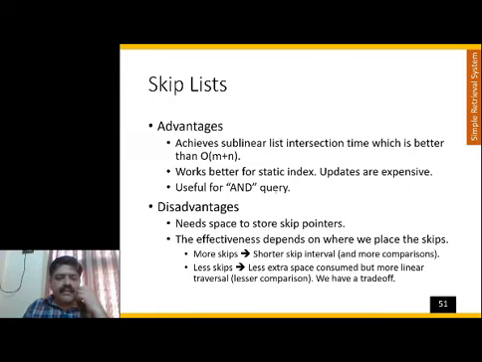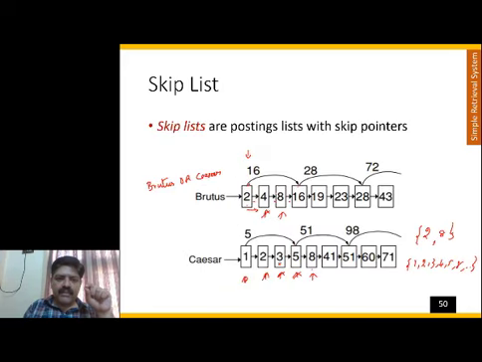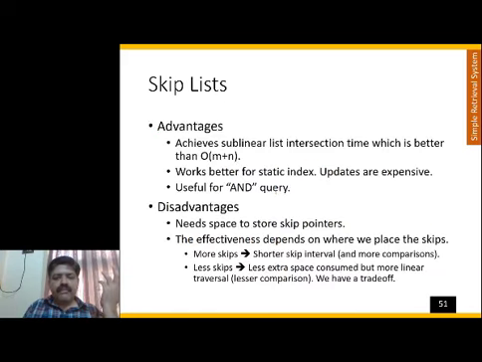Are there disadvantages? Yes, we need more space to store the skip pointers. The effectiveness depends on where we place the skips. So how do we know that every fourth item should have a skip? Why not every fifth item? Why not every 10th item? How do we know what kind of gap is good? So this is a complicated problem.